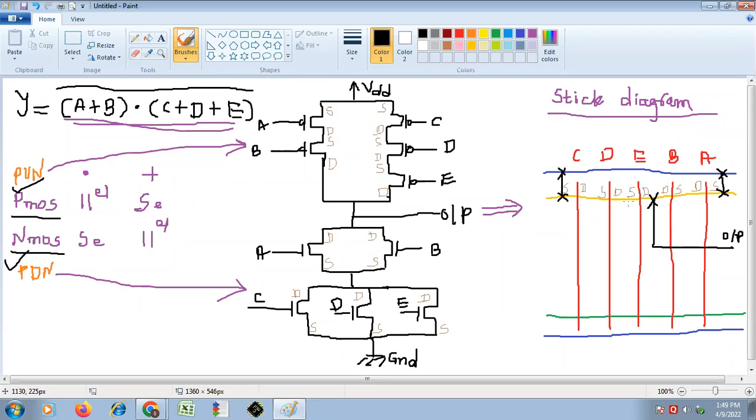Okay, now coming to the pull down network part. Now this part we have to connect, but before, again we have to mark the terminals.